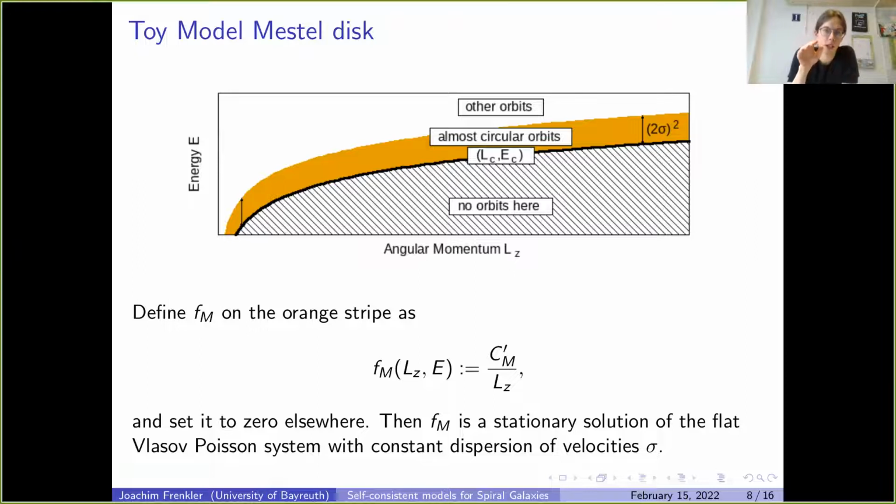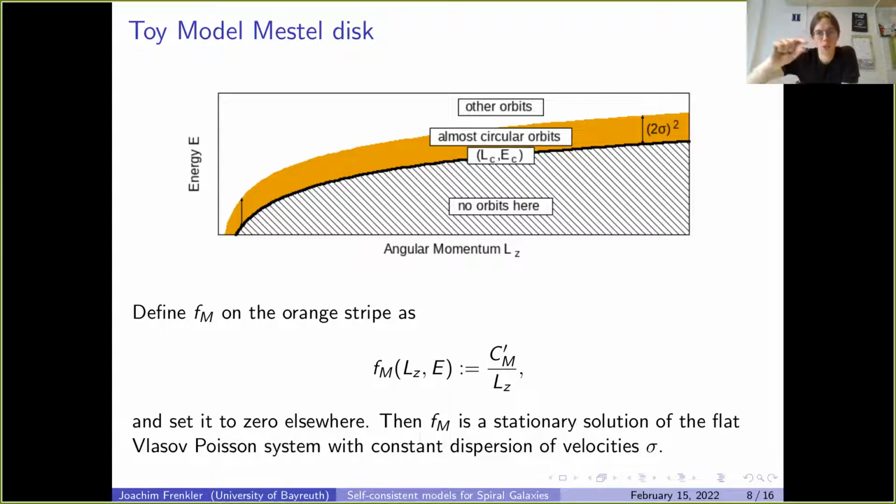As long as we are here in this toy model, this does not disturb because we have a smooth concave curve, and above this we just define a very narrow stripe, and then we have our dynamics. But when we go back to the Milky Way, the potential of the real galaxy will cause several bumps and wiggles in this curve of the angular momentum and energy on circular orbits.